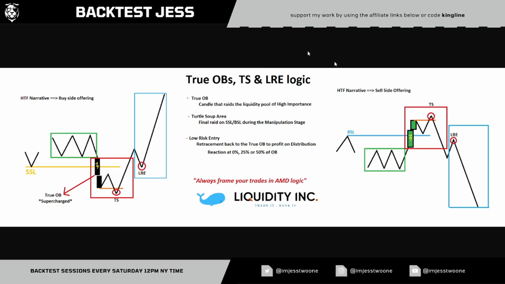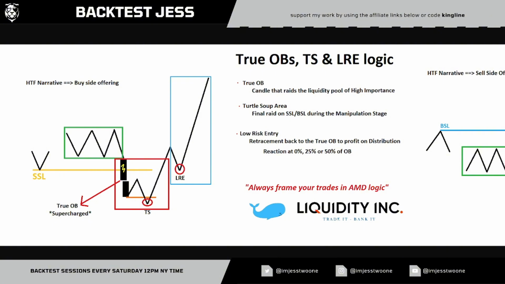Okay, so now let's get to here. This is how I learned order blocks. This is how I learned to find them. So true OB: the candle that raided the liquidity pool of high importance. What's high importance? Session liquidity. I'm just going to feed it to you. Final raid on sell side or buy side liquidity during the manipulation stage. That's what the actual turtle soup is.